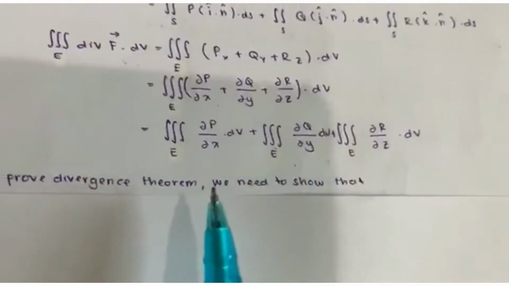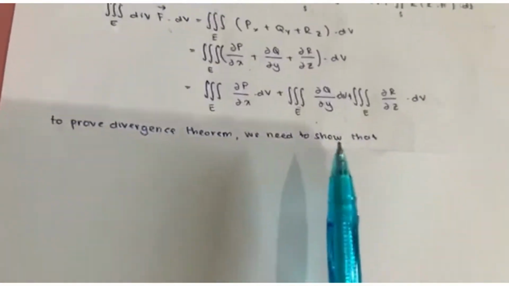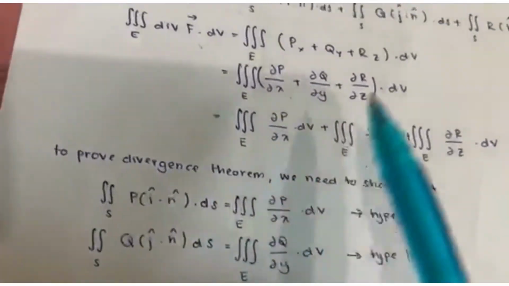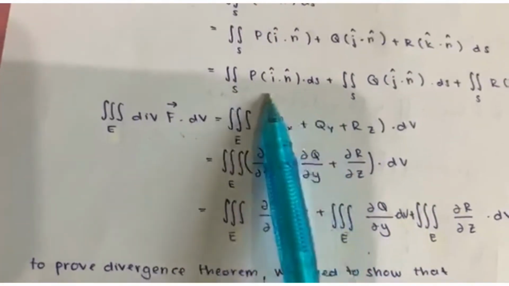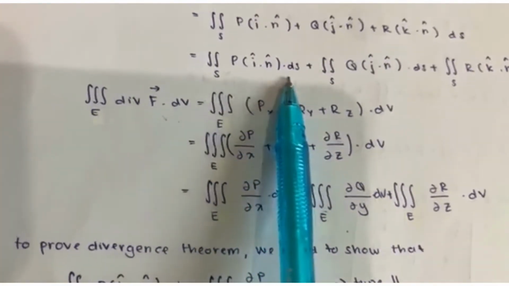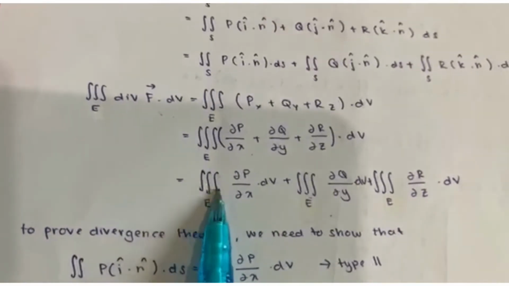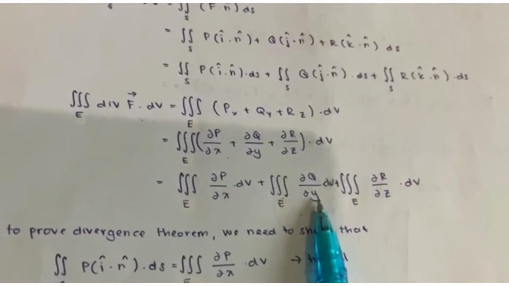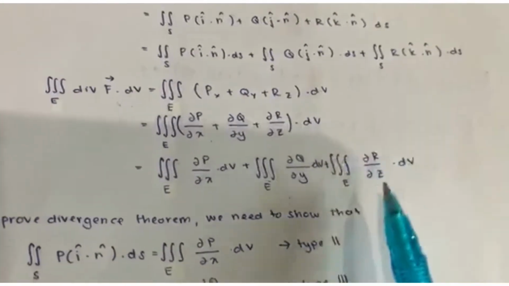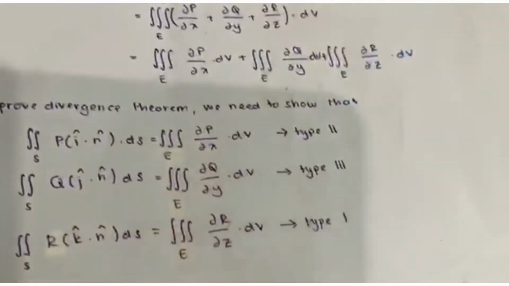To prove the divergence theorem, we need to show these are equivalent: the double integral of P i dot n dS equals the triple integral of del P over del x dV, and likewise Q with del Q, and R with del R.